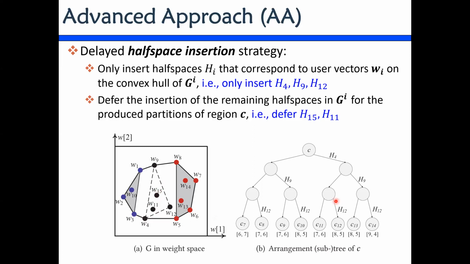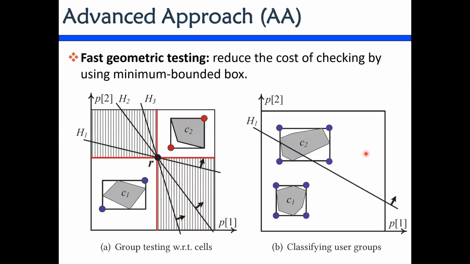Observe that there may be multiple groups of users we need to process, right? Each user has the same common top kth product within its group. Therefore, in the general case, we have multiple groups of users. So in addition to these optimizations, there is also some simple geometric trick that we can play by approximating the different cell regions by MBRs, for example, in order to expedite in a fast filtering way some geometric operations.